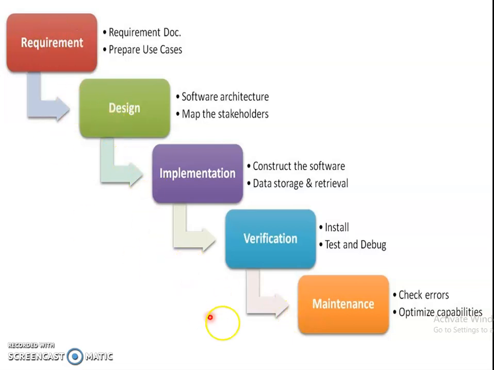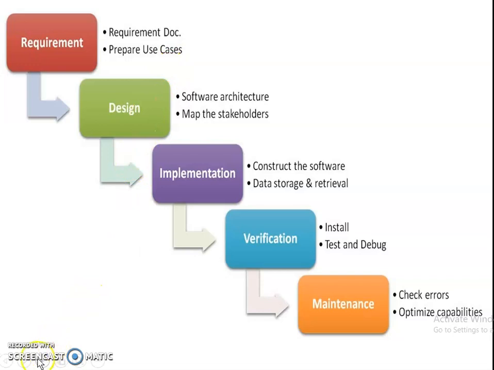The first one is requirements. In that, all possible requirements of the system to be developed are captured in this phase and documented in a requirement specification document. It means requirements are documented and use cases are prepared.